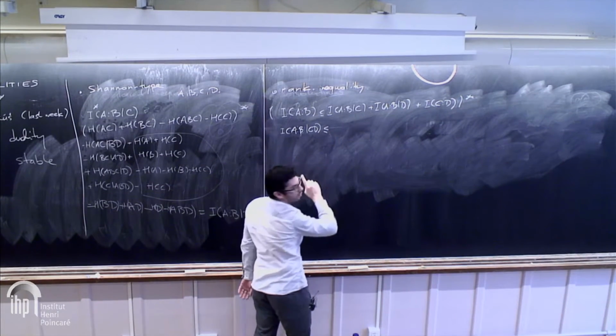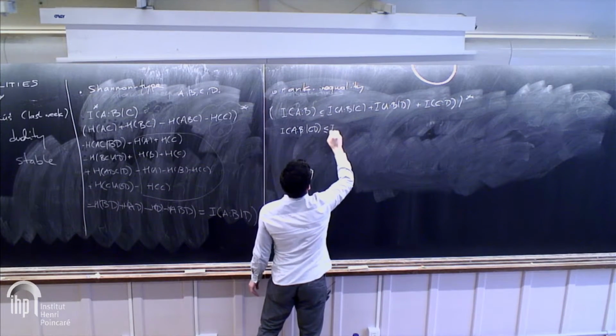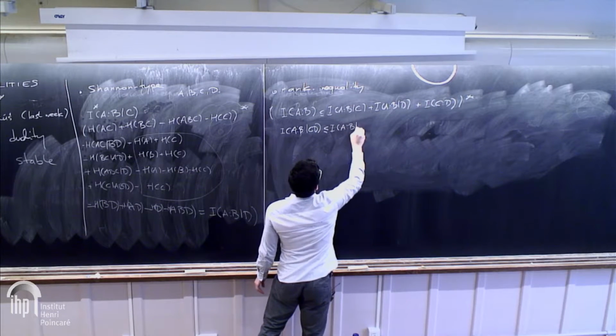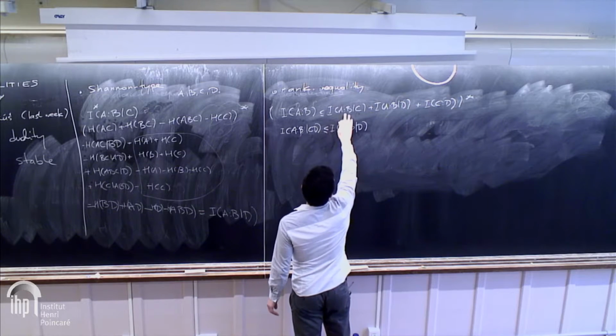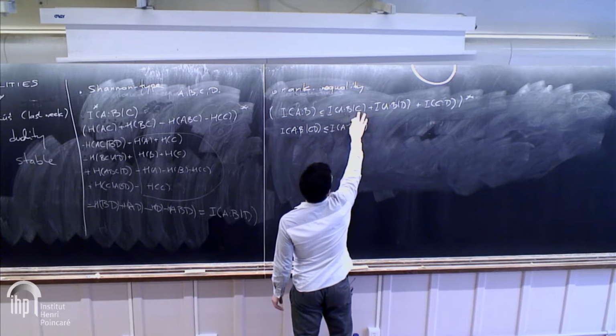Here we have 4 random variables A, B, C, D, so it will be D, because it's A, B, but given everything else.